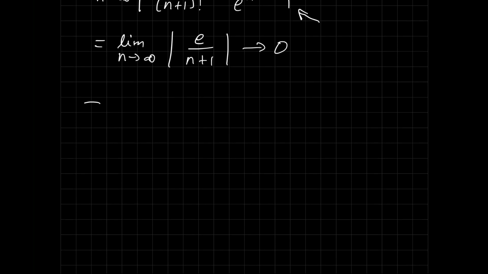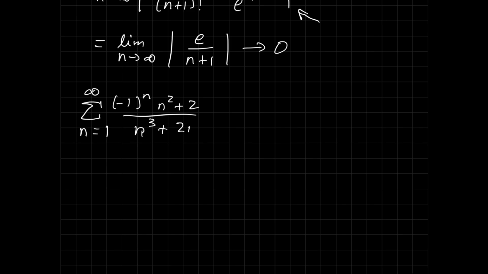One final example has to do n equals 1 to infinity of negative 1 to the n times n squared plus 2 over n cubed plus 2n. My terms decrease to 0.